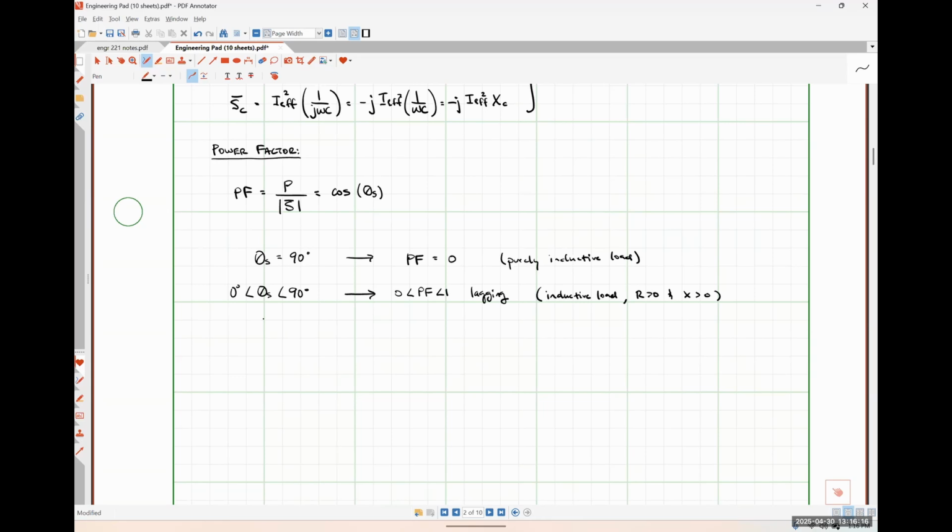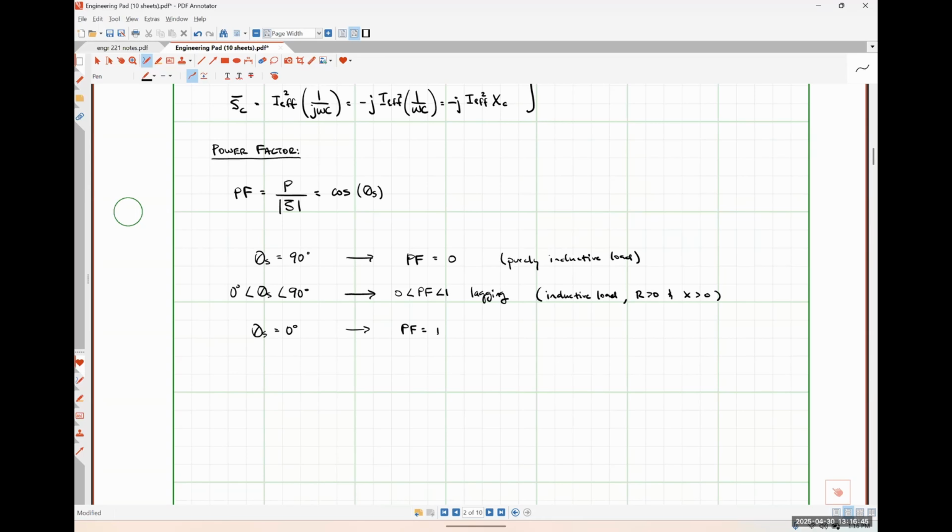Coming down, when theta s is exactly equal to 0 degrees, this indicates that our power factor is exactly equal to 1, or we might refer to this as unity power factor. When we have a unity power factor, we are also neither leading nor lagging, because our current and voltage are exactly in phase with each other.